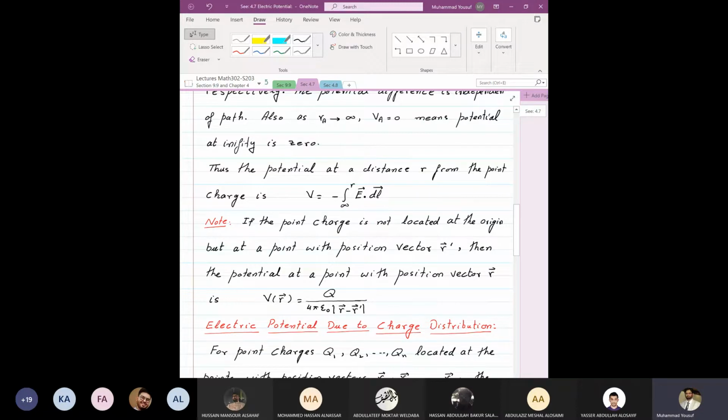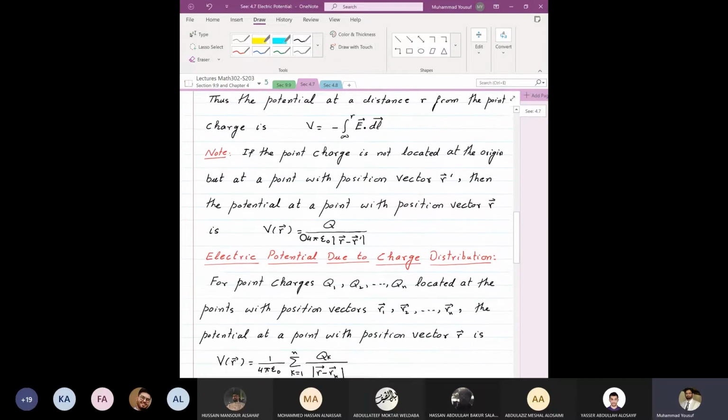So if the point charge is not located at the origin but at a point with position vector r prime, then there is a charge located at some position, and the potential at another point is given by this formula, in which r and r prime are the position vectors, and the magnitude of r minus r prime is the distance between those two points.